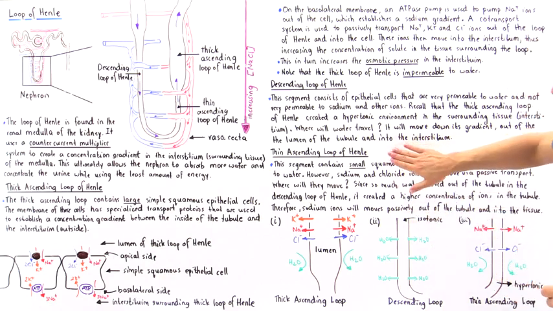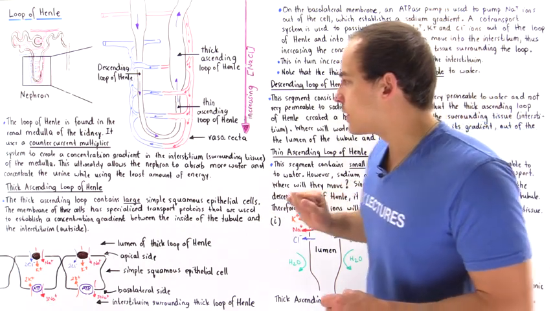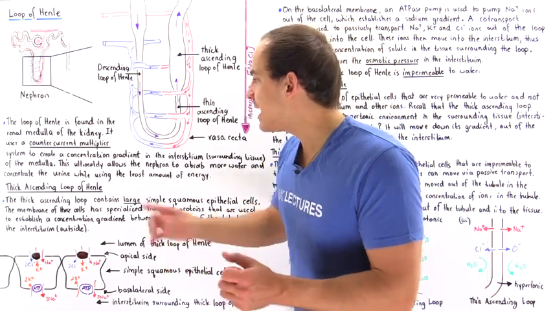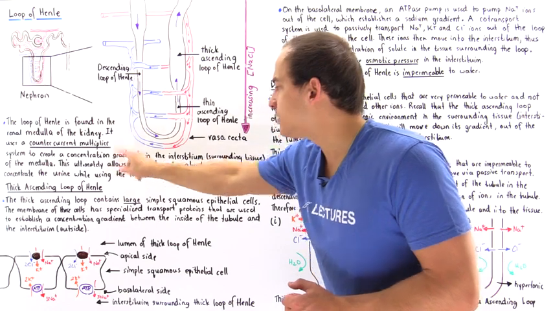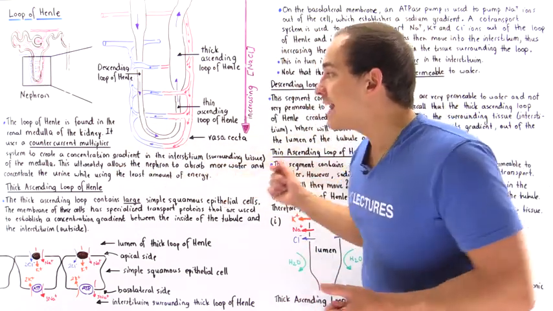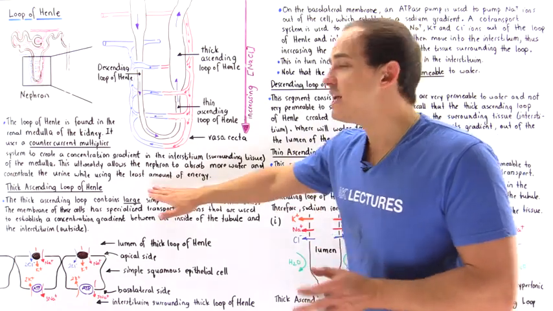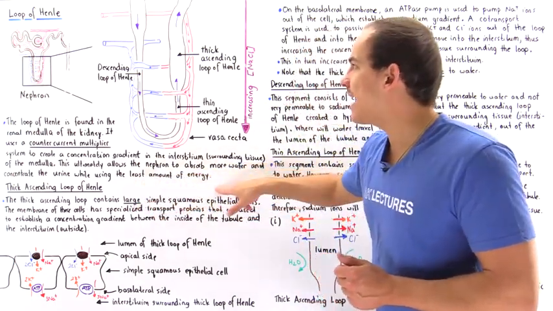Now, before we go on to the thin ascending loop of Henle, let's mention the following things. Previously I said that the function of the loop of Henle is to ultimately allow the nephron to absorb more water. And it absorbs more water via passive diffusion without actually using any energy.